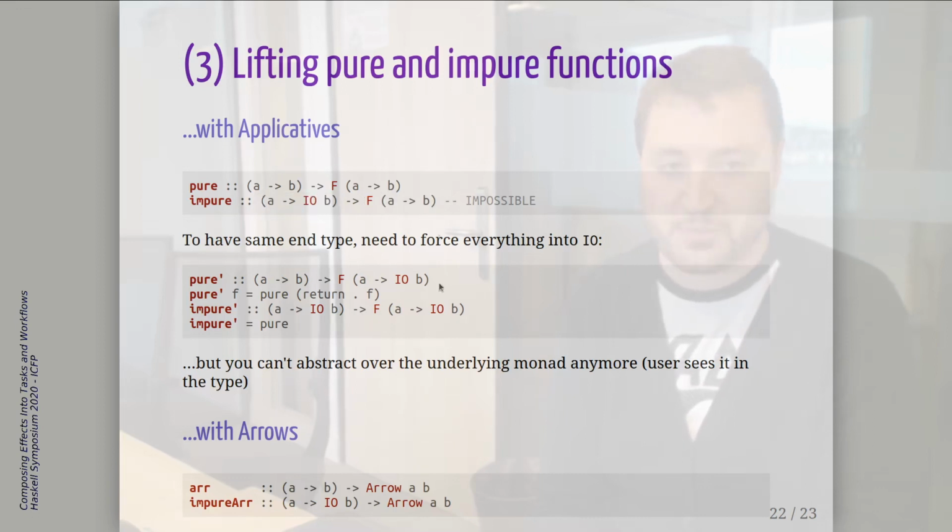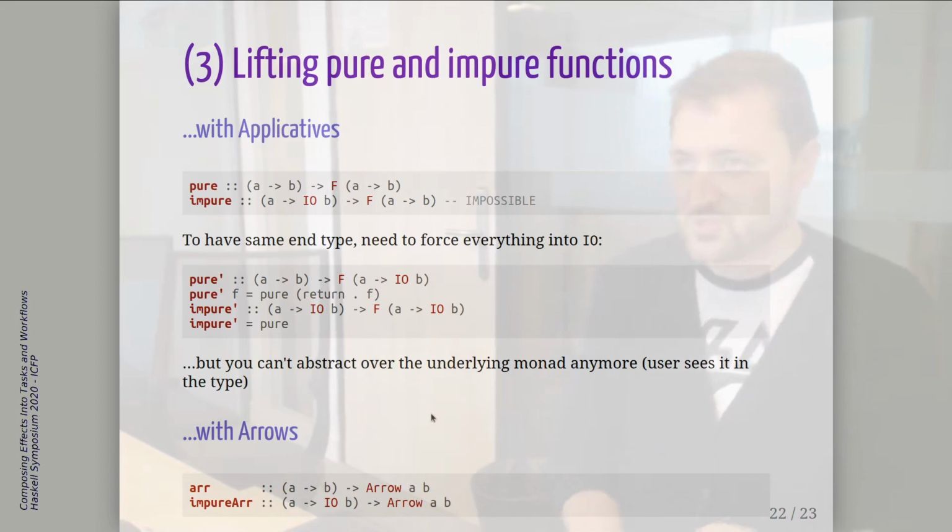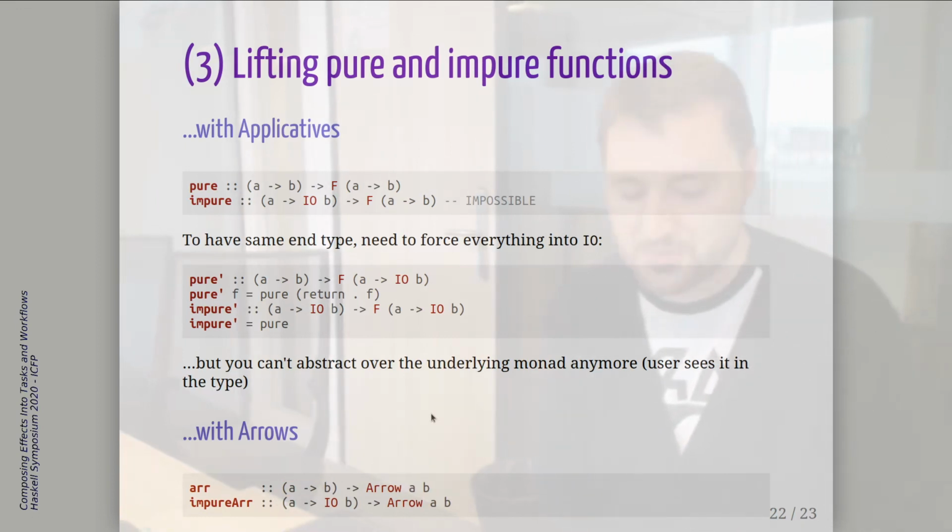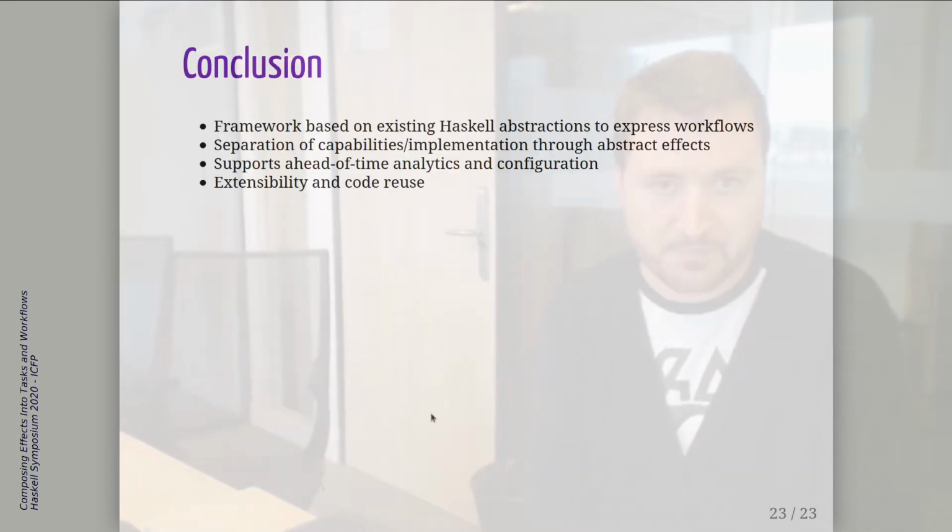So to have the same type, we would need to force everything into I/O. And the problem is, if you do that, then the user is facing the underlying monad, so it breaks the abstraction. Whereas with arrows, both pure functions and effectful functions can be lifted into one type that remains opaque, and so the user is just presented with that. So it provides a better abstraction, in our opinion.